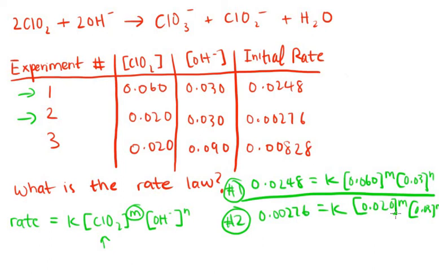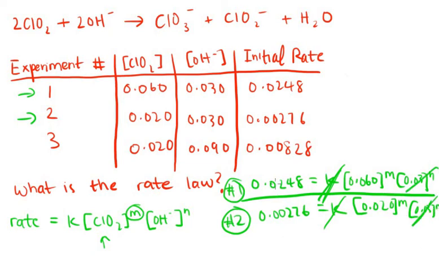So let's eliminate the stuff that we can. This is a rate constant, so because it's the same regardless of the concentration, this can be eliminated. We did this on purpose so that we're only left with one variable.